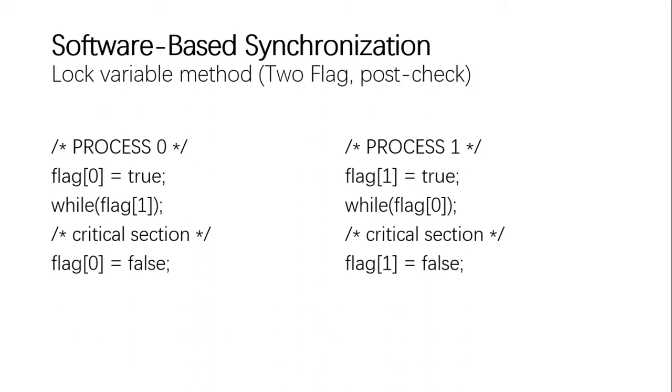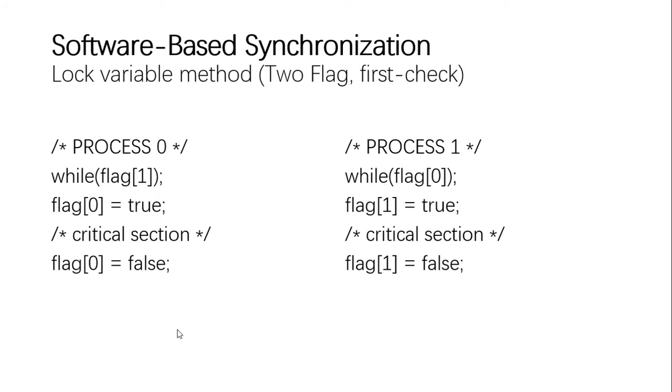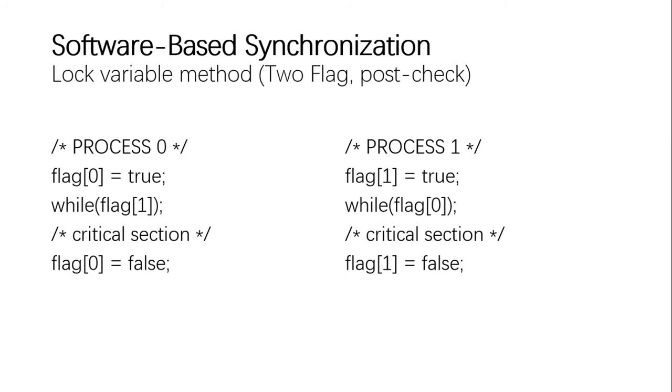The main difference between these two is that the first check will check the other one's flag first, then set their own flag to true, and then send the process into the critical section, just like process 0 and process 1.